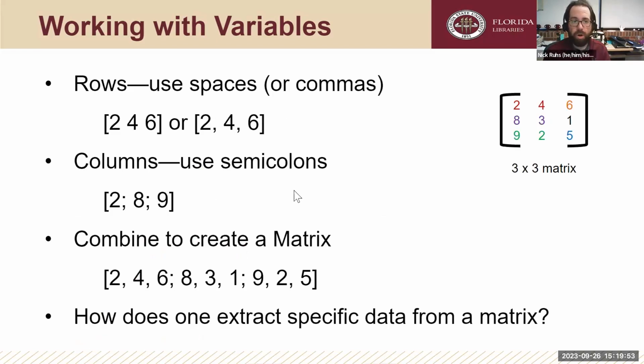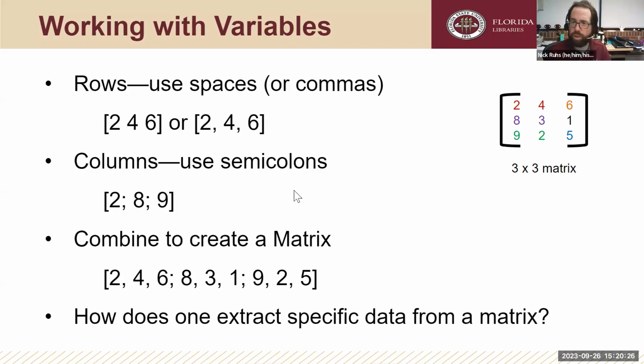So when you are writing rows within MATLAB, you're going to write those with square brackets. That is how you define your vectors within MATLAB for your numerical vectors. When you want to create a row, you have your different values, and you can use either spaces or commas for those. Either one of those will work just fine.